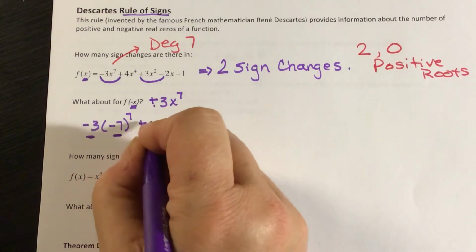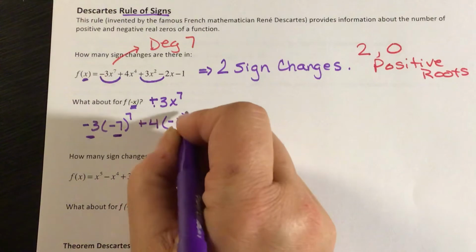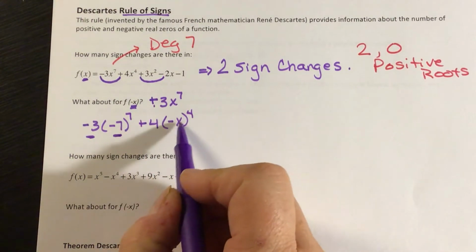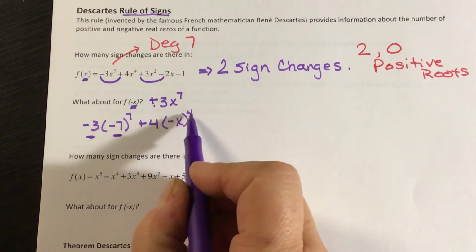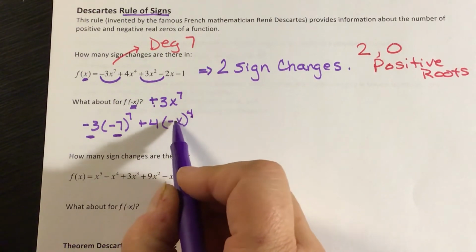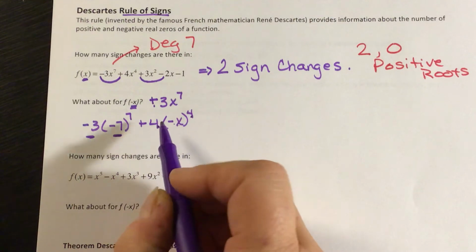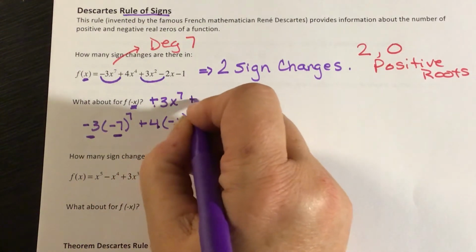So then I have plus 4, and x is now negative x to the 4th power. So a negative to the 4th power is a positive number. So a positive times a positive is going to be a positive 4x to the 4th.